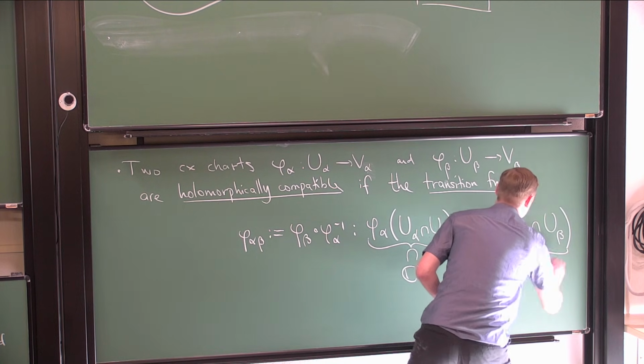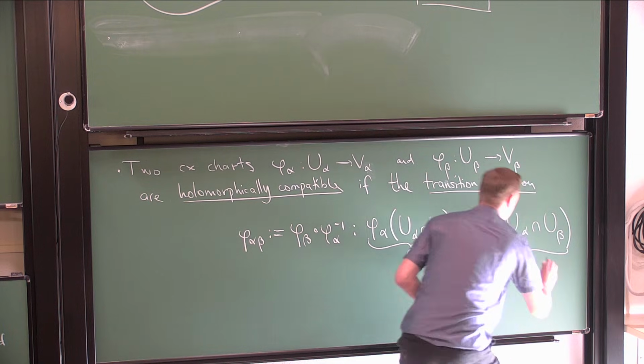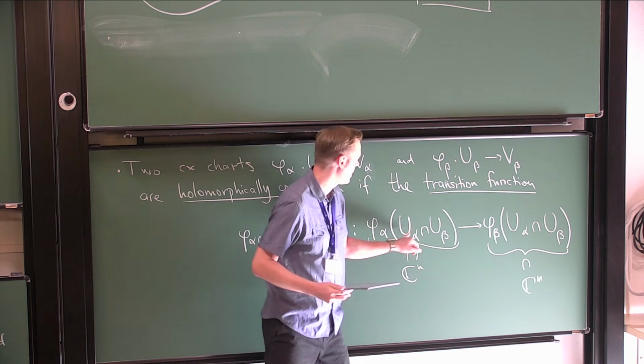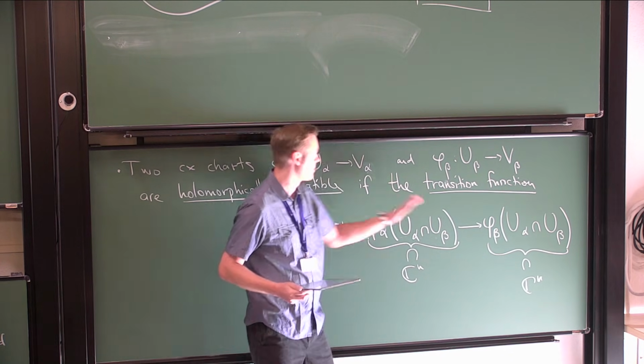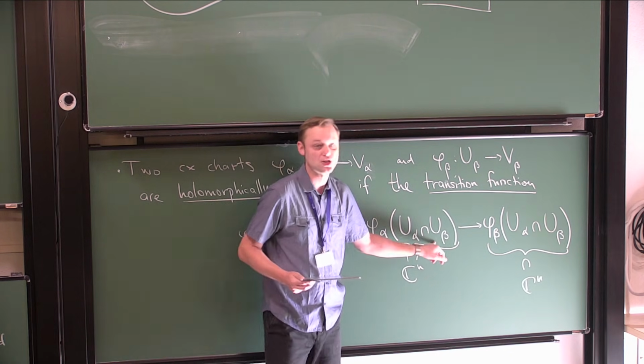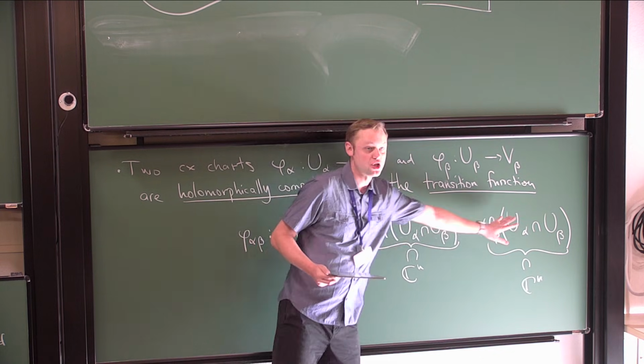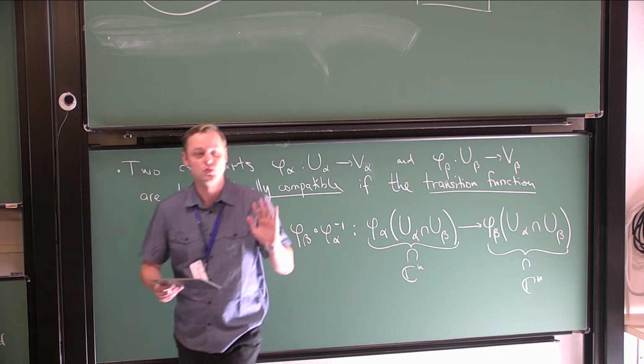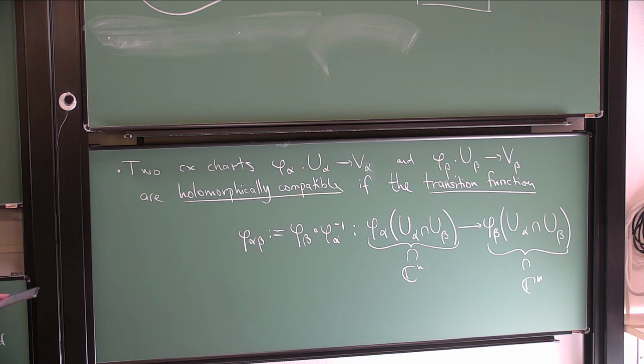This is also a subset of C to the n. And by the way, I'm implicitly assuming here that this intersection is non-empty. The images under phi alpha and phi beta of this double intersection, a priori, may have nothing to do with each other. They may be completely disconnected, and that's okay.